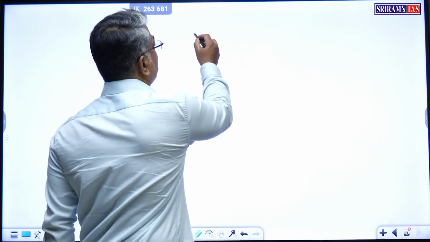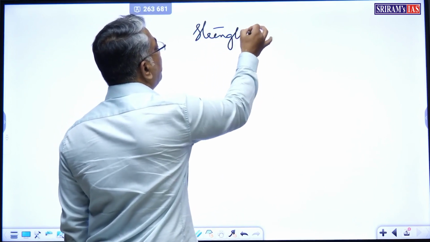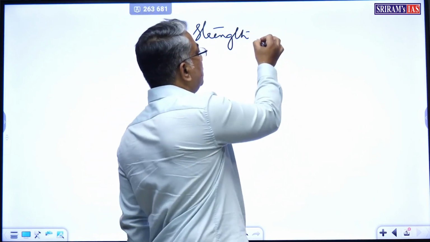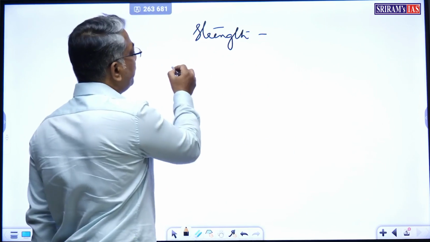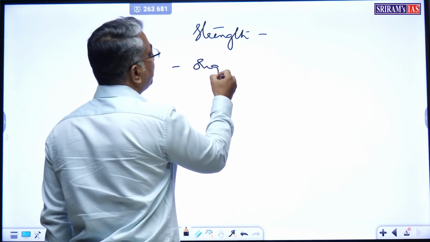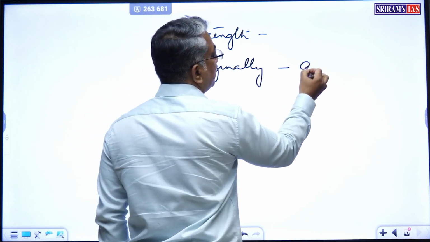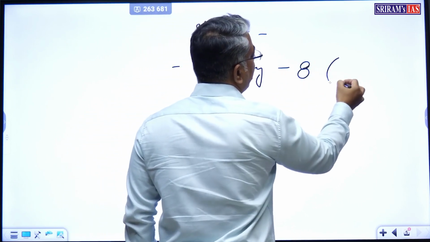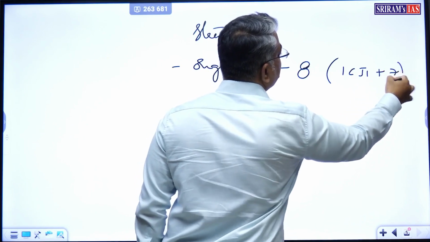Now, what is the strength of the Supreme Court? Originally the strength of the Supreme Court was fixed at 8, including the CJI, that is 1 CJI plus 7 other judges.